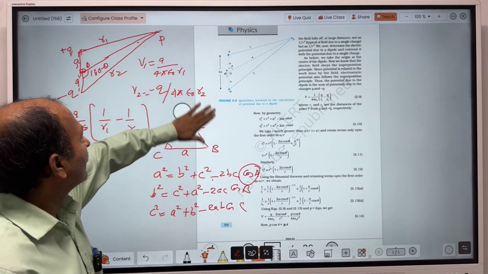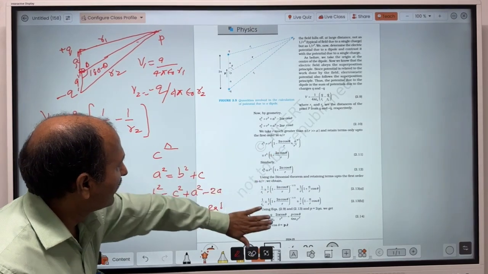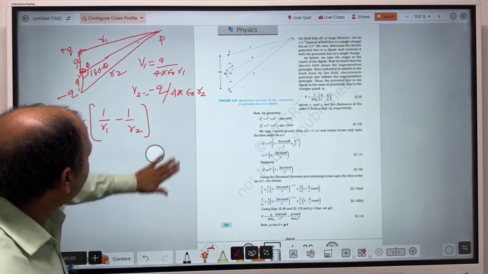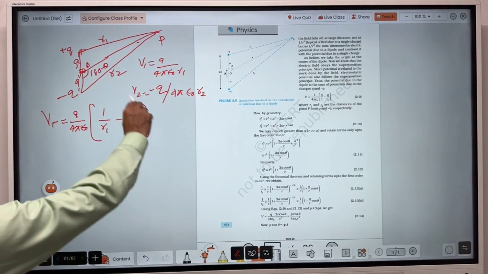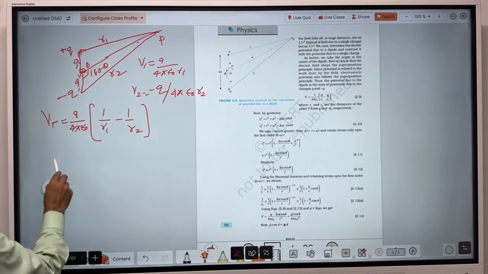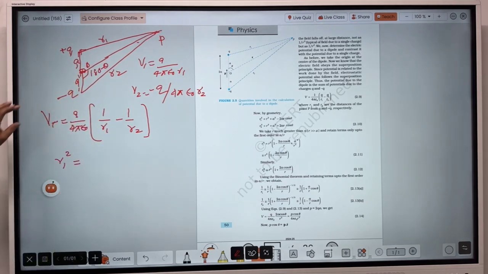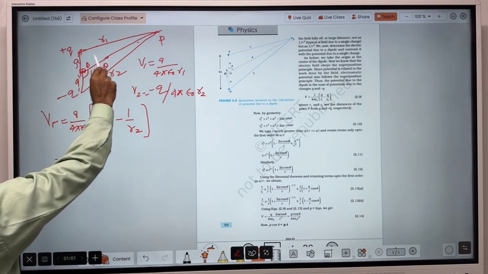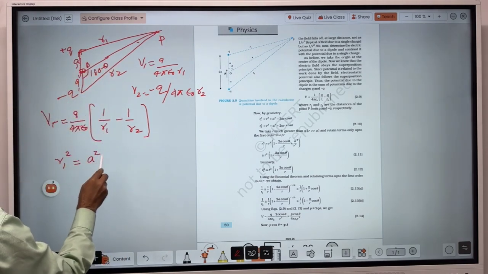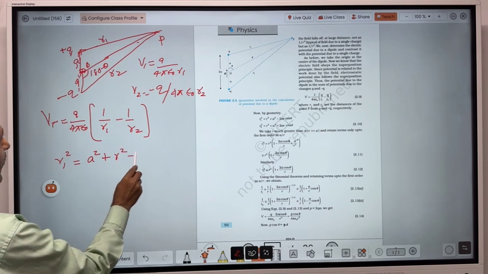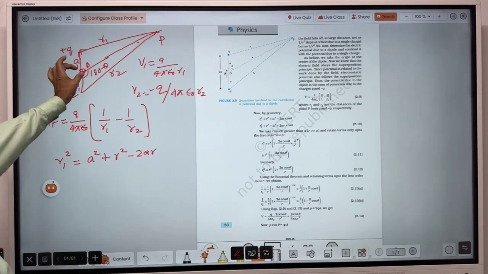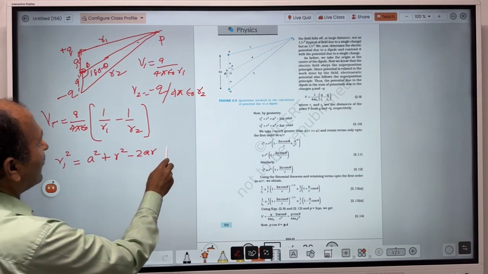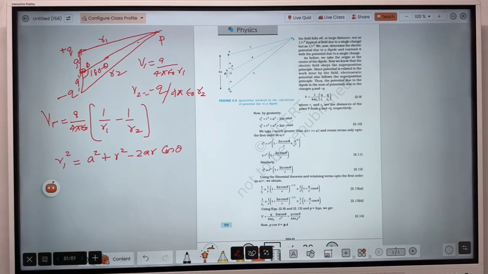So what is the situation in our question? When we get R1, theta is acute, so we can write R1 square equal to, in terms of these two sides, a square plus R square minus 2aR cos theta, the angle enclosed by the two. Similarly, if we take R2, here the angle is obtuse, or 180 minus theta.